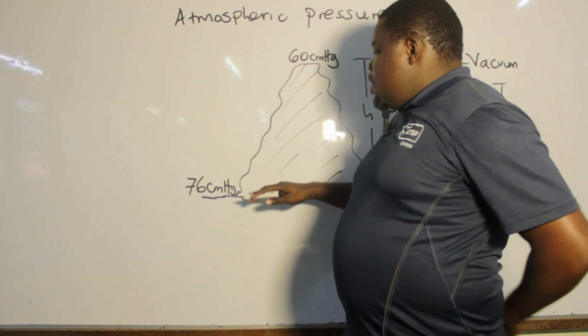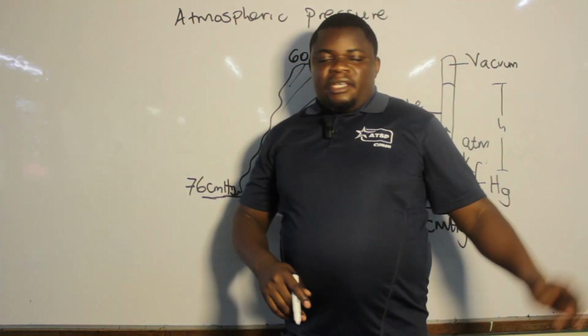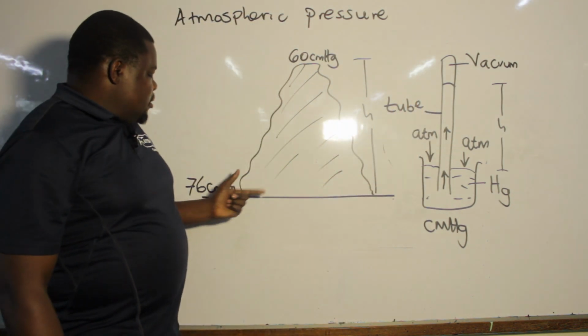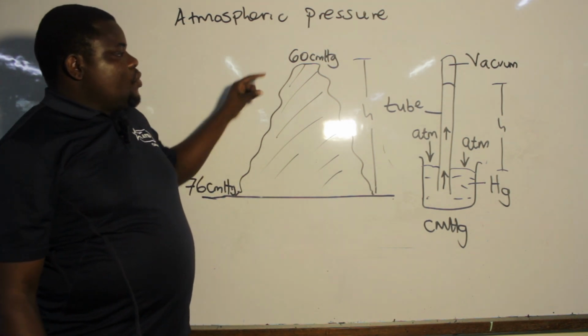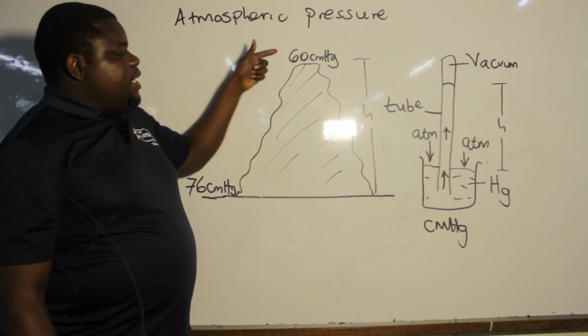If we want to know how high this mountain is, then we use the same barometer to measure the atmospheric pressure at the base and also the atmospheric pressure at the top. Then we compare the two.